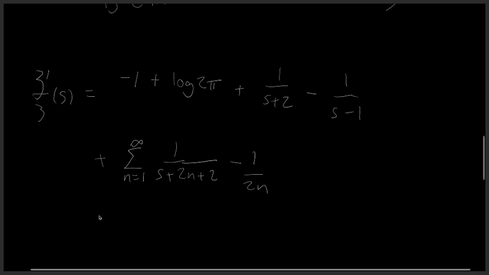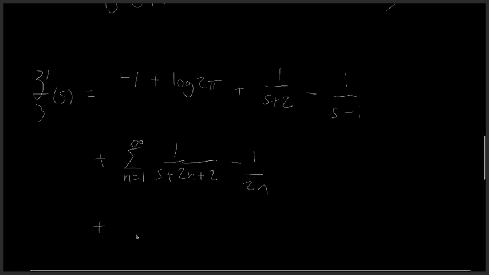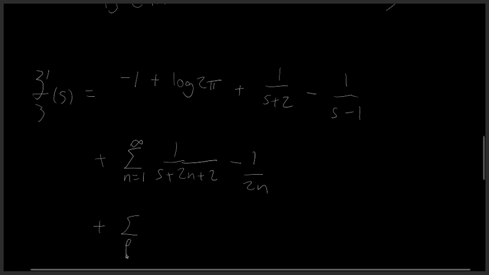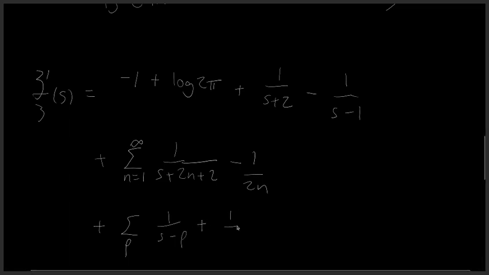And then we also have the sum, again, over all zeros of the xi function, 1 over s minus rho plus 1 over rho.